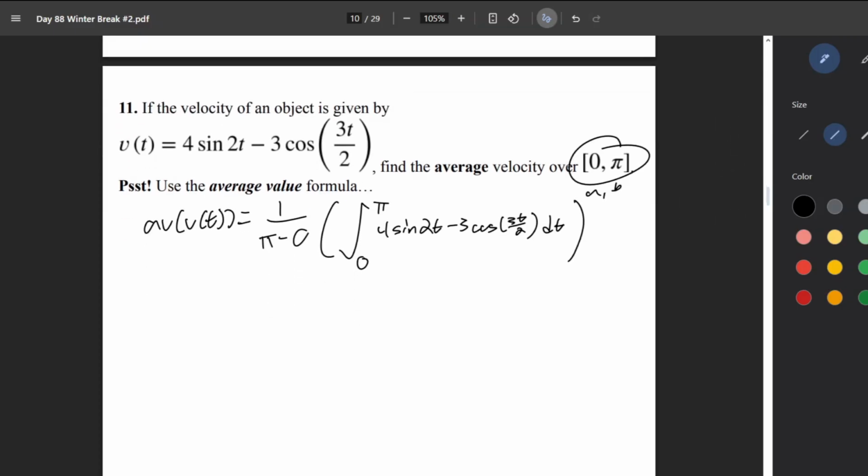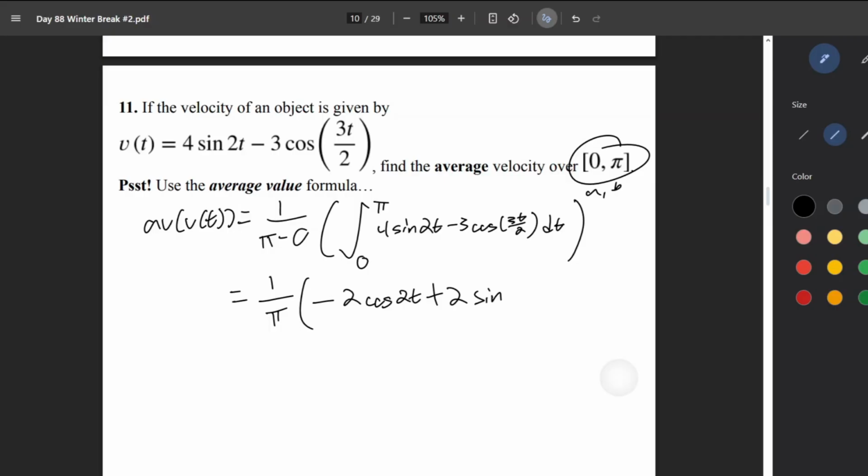So let's simplify a little more. So it would be 1 over pi. Am I still recording? Yes. Of. So this is another chain rule. So this would be negative 2 cosine 2t. Then this would be negative 3 times 2 over 3. It's just negative. So it's double 9. So 2 sine.